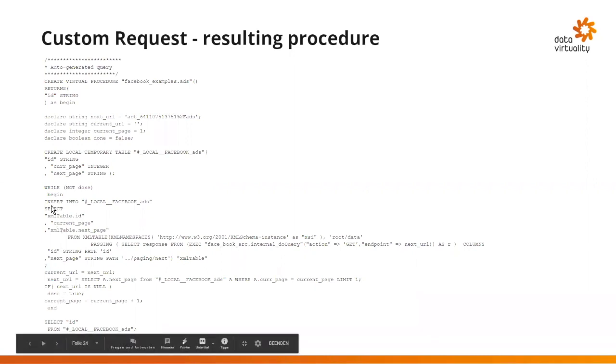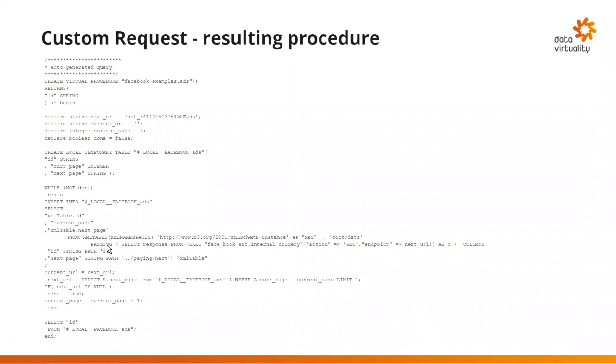And in the loop itself, we are selecting from this call to do query. That would be internal do query here, which is executed on the Facebook data source. We select the response from it, and we are then converting this from XML to a table with the according information, and we are then getting the paging.next information.